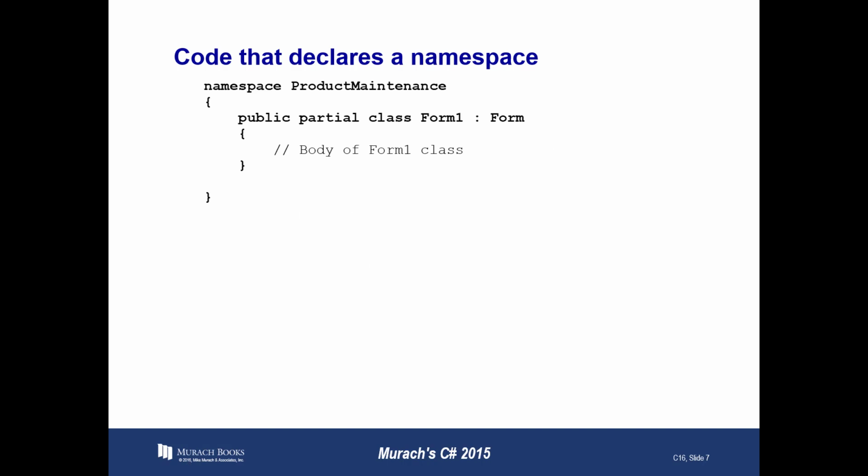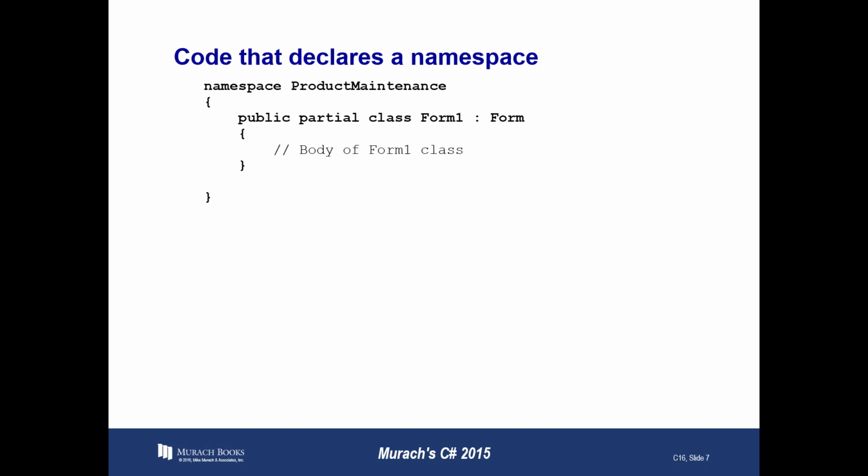Now, a namespace is a container that can be used to group related classes. It's kind of like a folder. In most cases, all of the classes that make up a project are part of the same namespace. The namespace statement appears near the beginning of the source file, and it identifies the namespace that the classes defined in that file belong to.